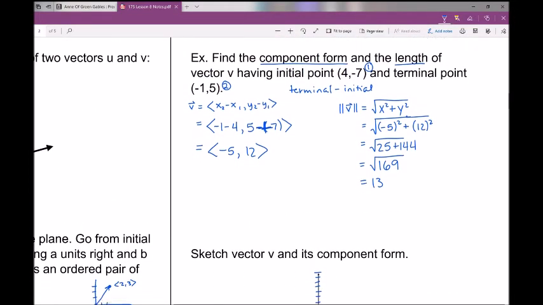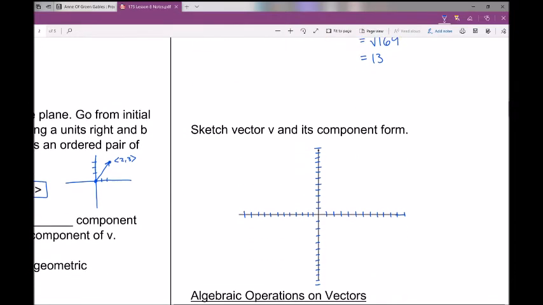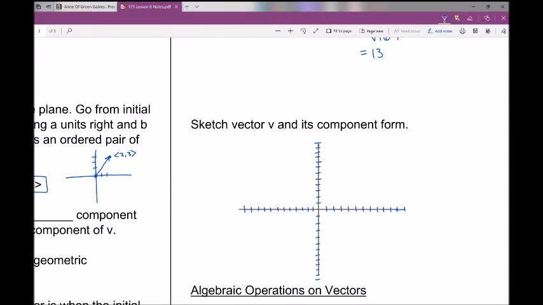So -1, 5, we go back 1 and up 5, so that point would be there. And we also have 4, -7, so we go to the right 4 and down 7. So that point would be right there. So our original vector v looked like this. And make sure that you put the arrow facing the terminal point. So that would be vector v.